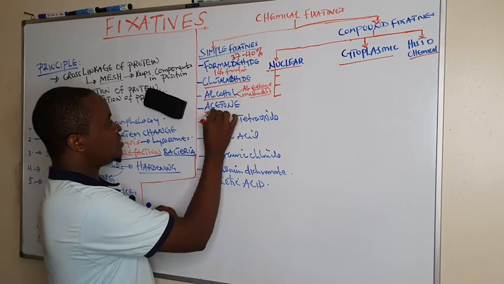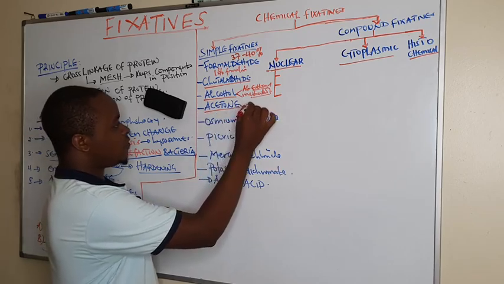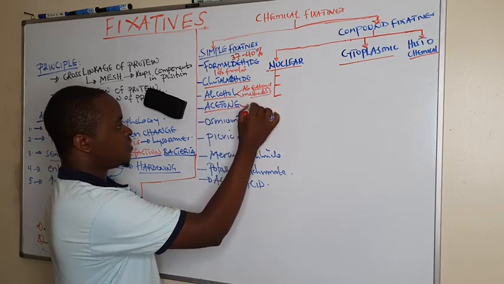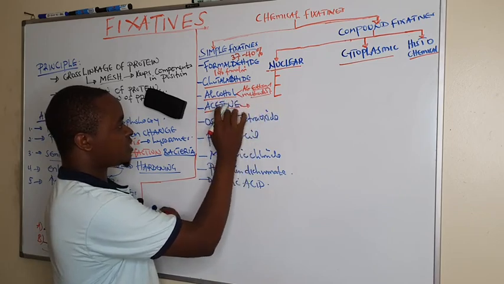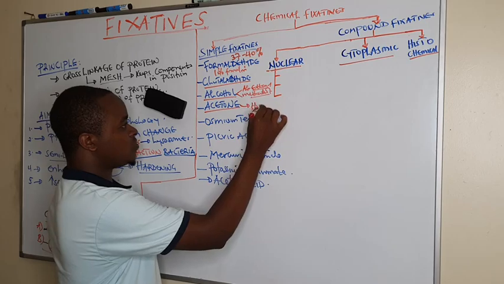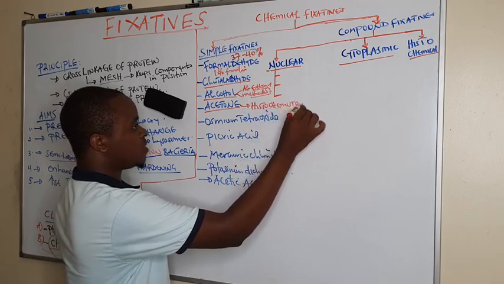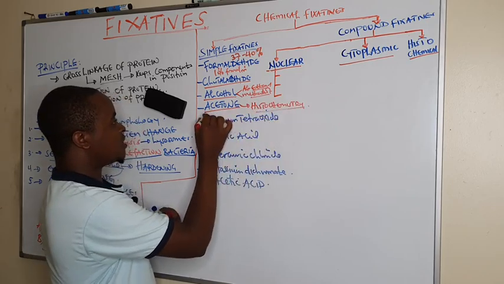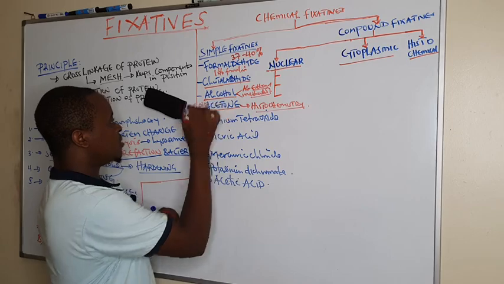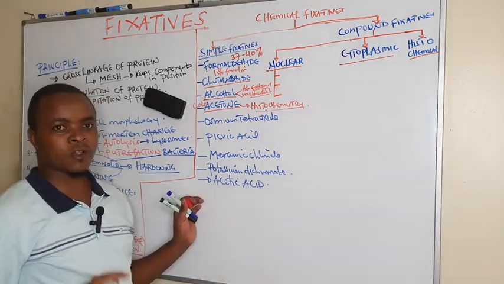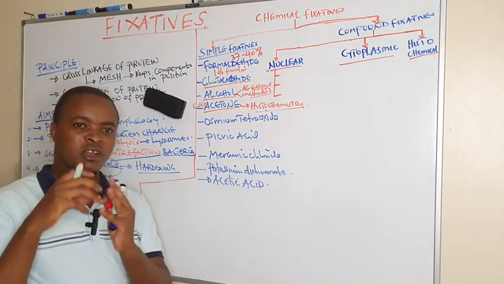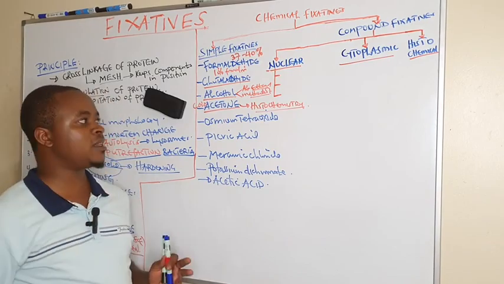Then acetone is best for frozen sections, or for samples on which we want to do histochemistry. If we are interested in histochemistry, then cold acetone is best, because it preserves the chemicals and enzymes within the cell.